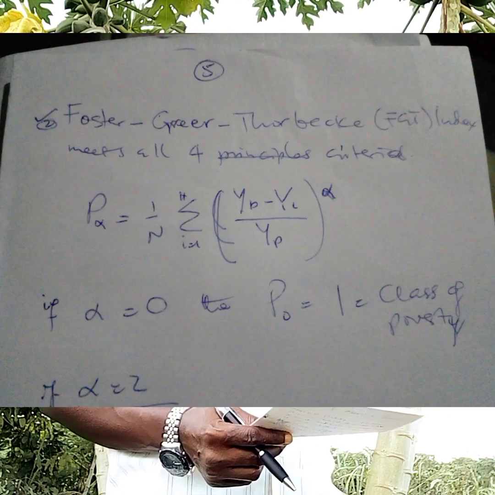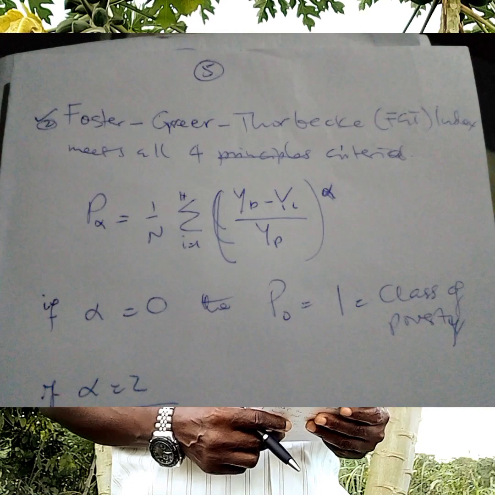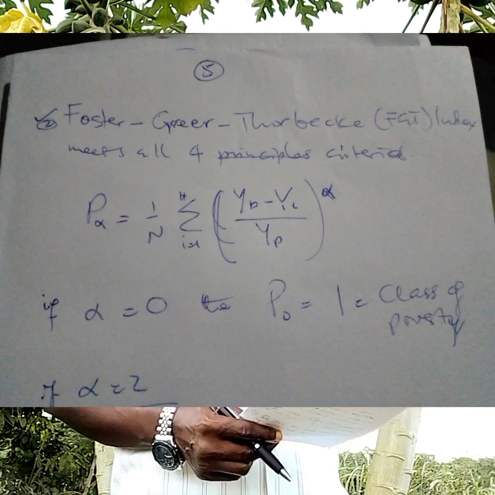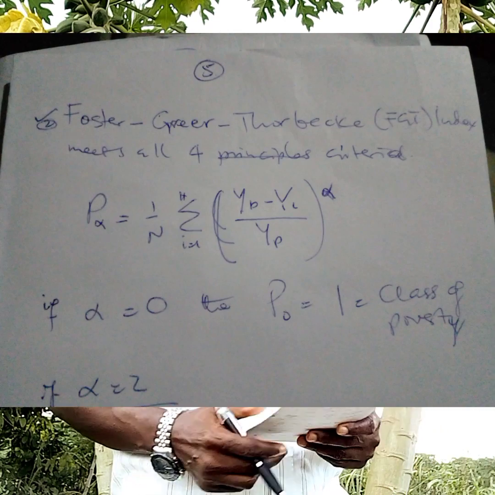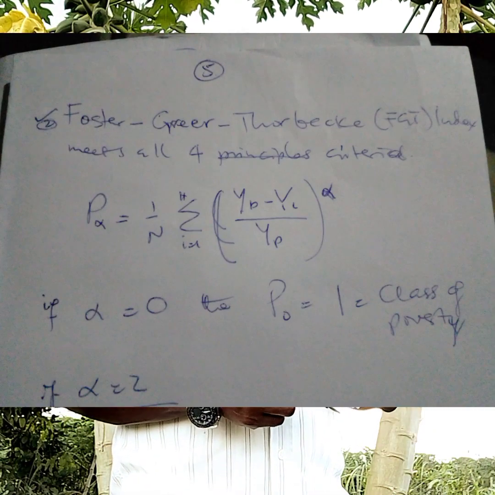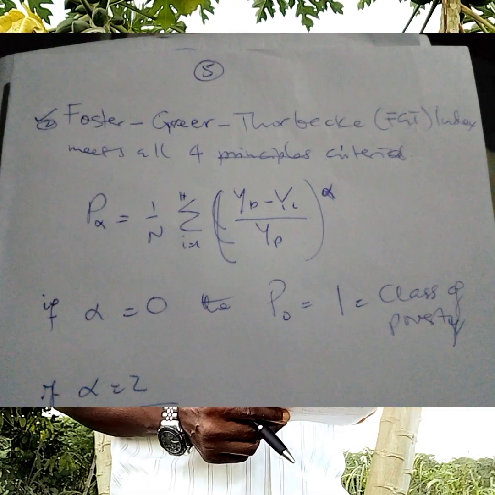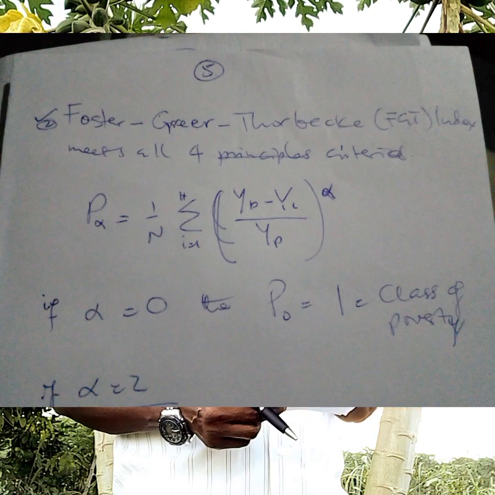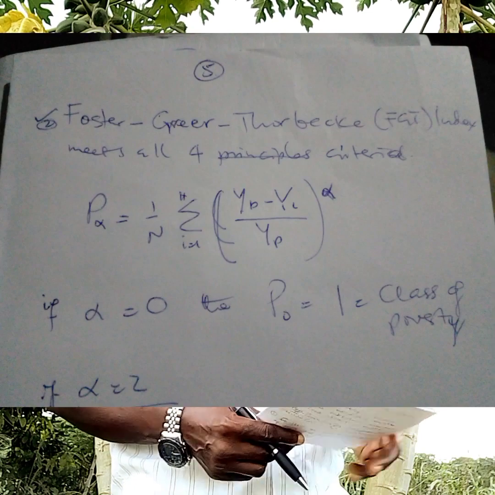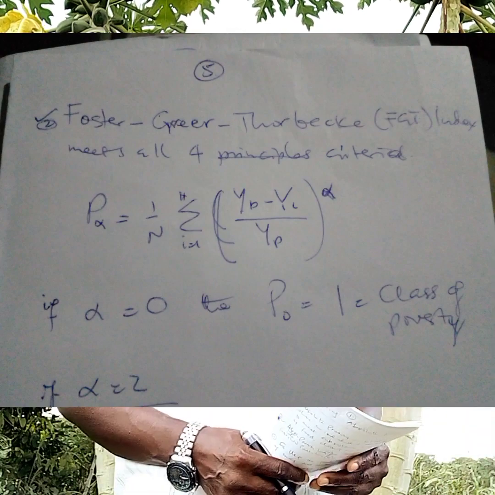Let's take it carefully. If the power is 0, any number raised to the 0 power is 1. So P0, that's the FGT index with the power 0, means everybody's on the same level.